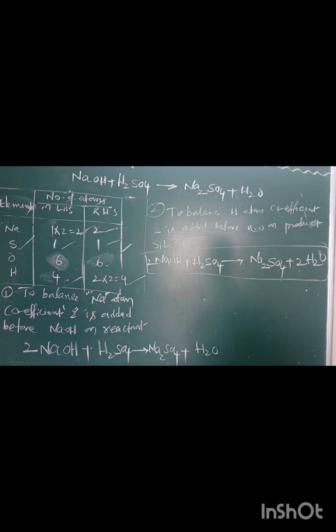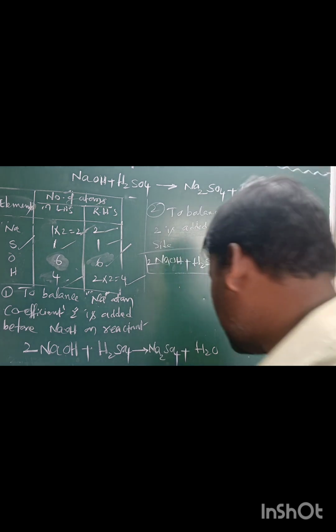Okay, it is a hit and trial method to write the suitable coefficient on either the reactant side or the product side. Now I am taking some examples here.